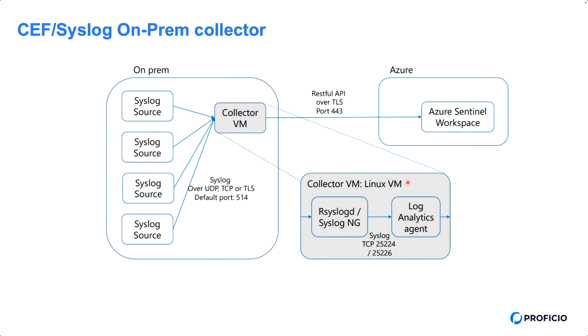Collector VM is basically a Linux machine where you have rsyslog or syslog-ng services enabled, and it's just getting data, filtering out data at this stage, right? Transform it to a readable format and send it over to the log analytics agent, which is something that helps you get data into your Azure Sentinel workspace. So that's on-prem. That's when you have a log collector located within your on-prem infrastructure.